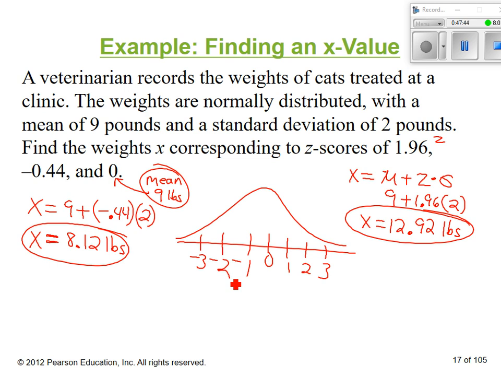Probably -2 and under, because -2 tells us unusual, right? So there we're probably not feeding the cat enough, or the cat's not getting enough food somehow. If the cat's down here somewhere past -3, they may very well take the cat away from us. Same idea up here above 2. Above 2 is unusual, above 3 would be very unusual.